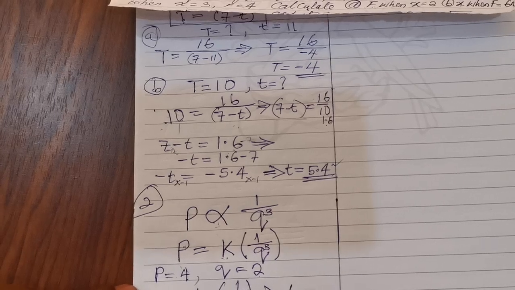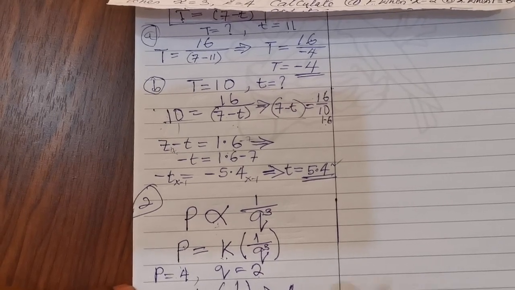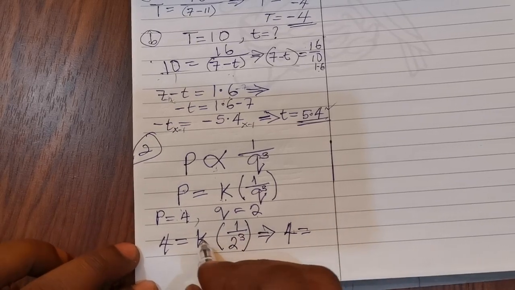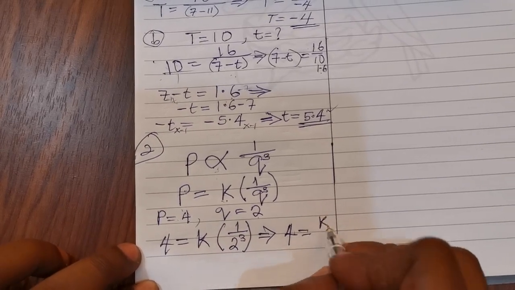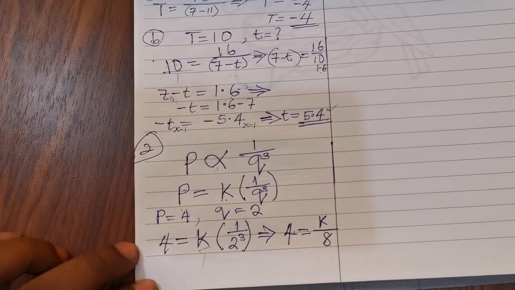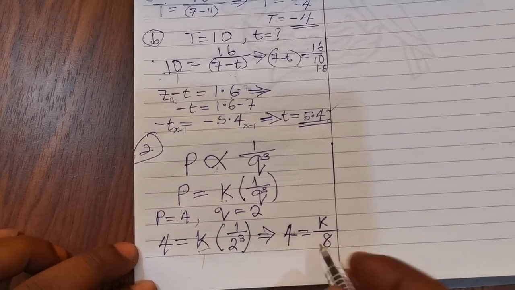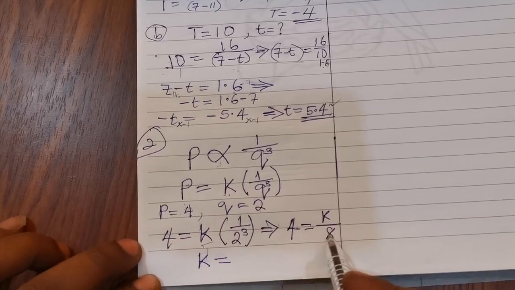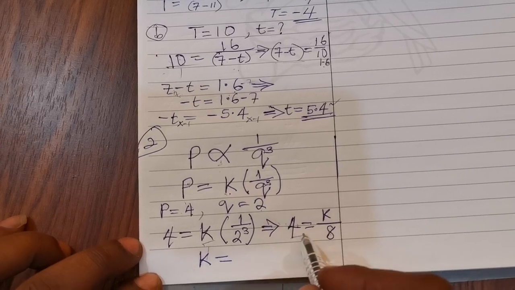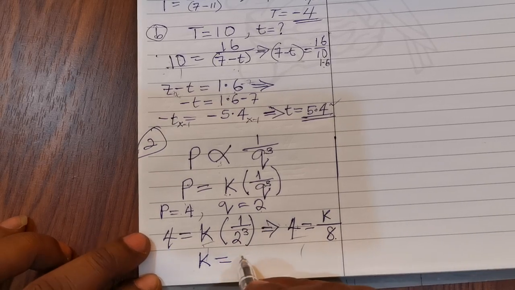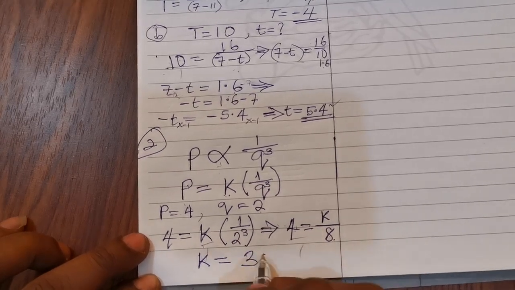So we have 4 is equal to K over 8, because this is over 1, don't forget. Now cross multiply, and K is 4 times 8, that gives us 32.